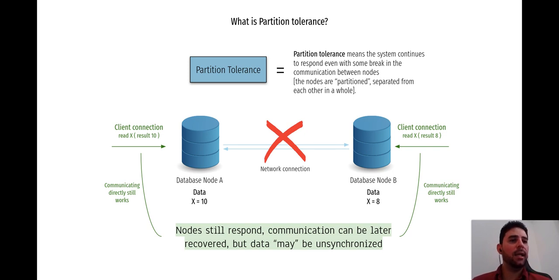But again, data may be unsynchronized. That's because if communication is broken, how can synchronization be done? So a system is considered partition tolerant if communication goes through even with some breaks in the communication between the nodes. Those are the three properties that we have to consider in the CAP theorem, okay?